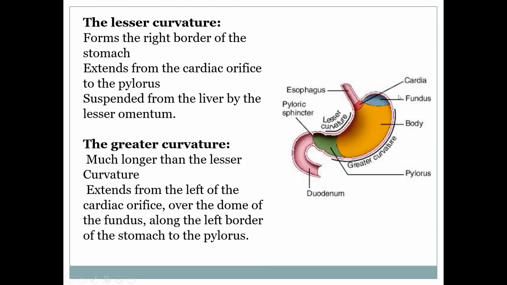The large curvature of the stomach is the greater curvature. It is much longer than the lesser curvature and extends from the left of the cardiac orifice over the dome of the fundus, along the left border of the stomach, to the pylorus.